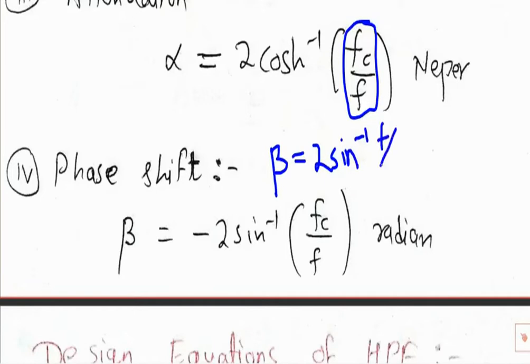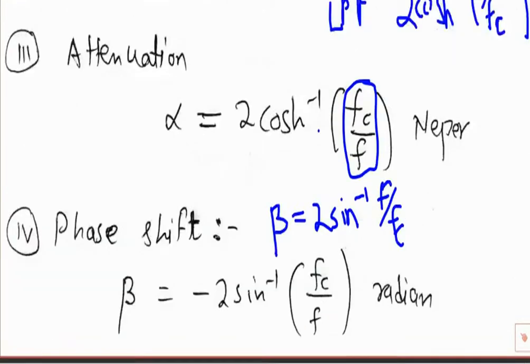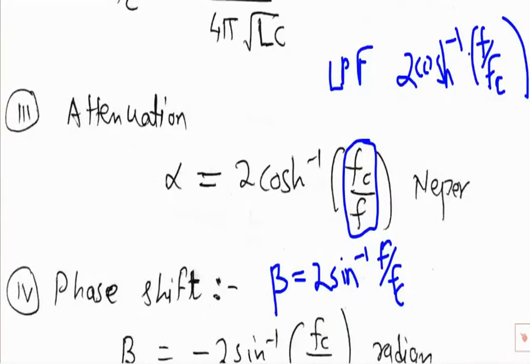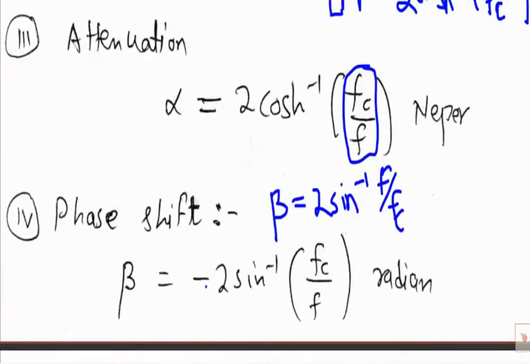So these are the small changes that you should know. If you remember the low pass filter, then for high pass filter just interchange these two and put a minus sign in the phase shift. Interchange and minus sign, that's it.